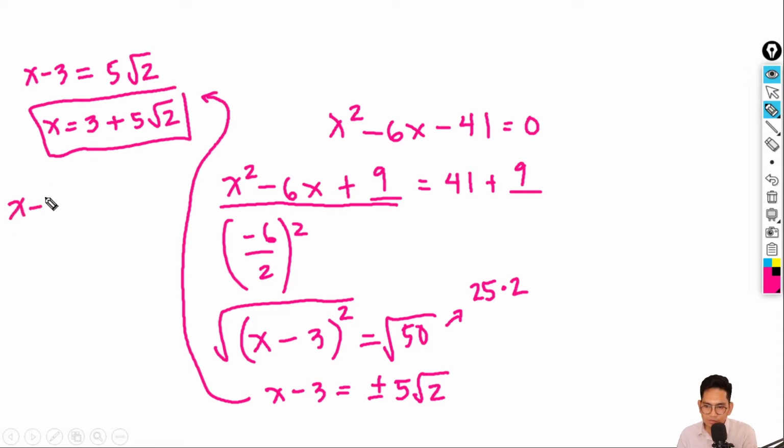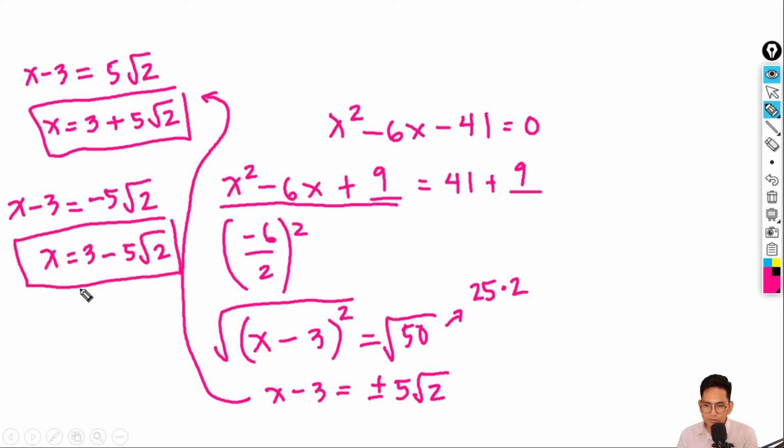Another solution, we have x minus 3 is equal to, this time, the negative 5 square root of 2. So we have x is equal to 3 minus 5 square root of 2. So these are the solutions, or we can also have x is equal to 3 plus minus 5 square root of 2.